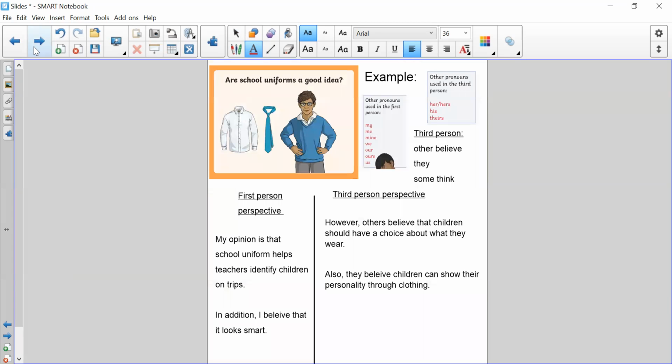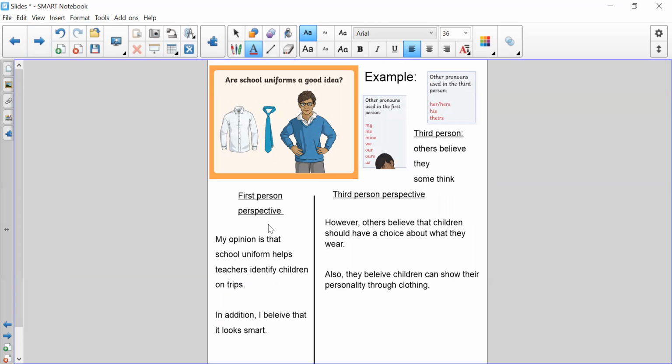So here is an example. I've chosen: are school uniforms a good idea? I've put the third person pronouns up and the first person pronouns up, as well as other phrases you might see, such as others believe, they, and some think, because they are all talking about what other people think. Then I've split my page into 2.